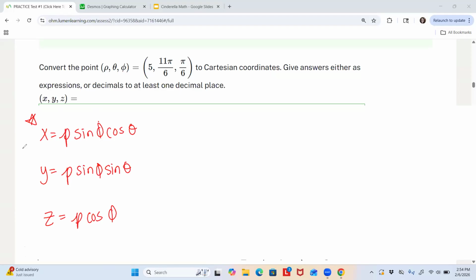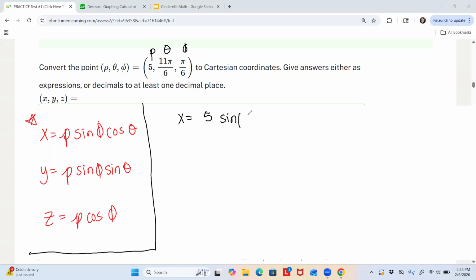So again, write those down. And then once you have those written down, it's not that bad. There's phi, there's theta, there's rho. So x is 5 sine of pi over 6 cos of 11 pi over 6. All right, let's go to unit circle.